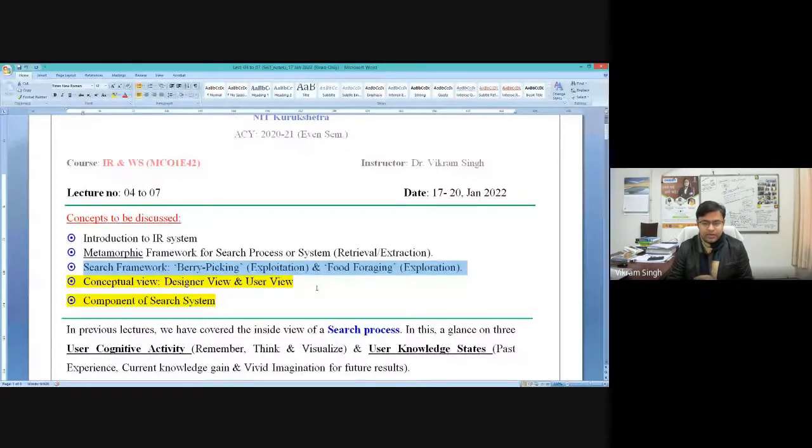So in the previous class, we took these two frameworks, and they are there to highlight the importance of two focuses while designing a search process, right? Berry picking highlights the importance of focused search.